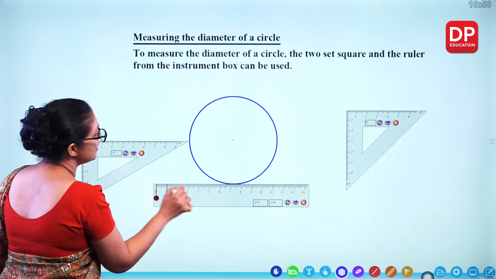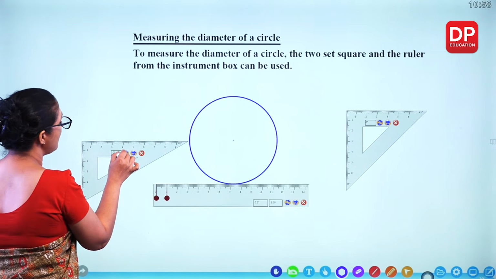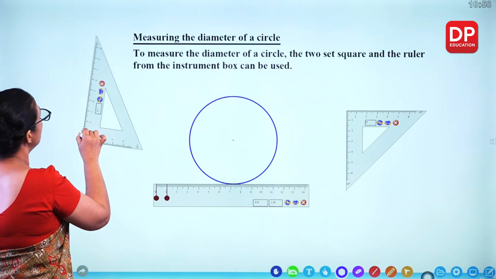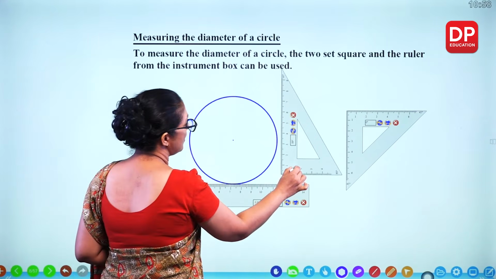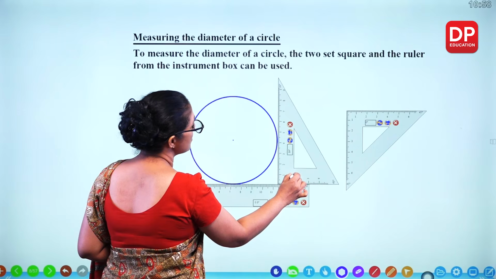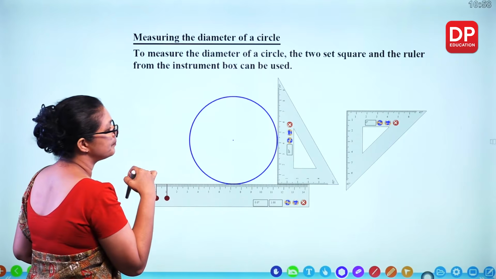Take one set square and keep it like this, only touching the circle and here on top of the ruler.